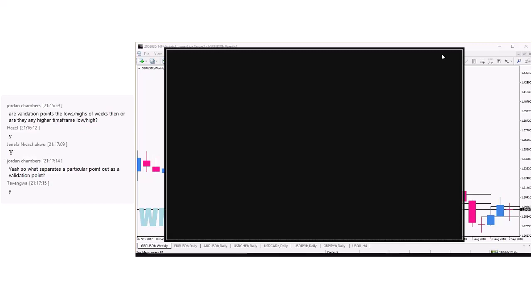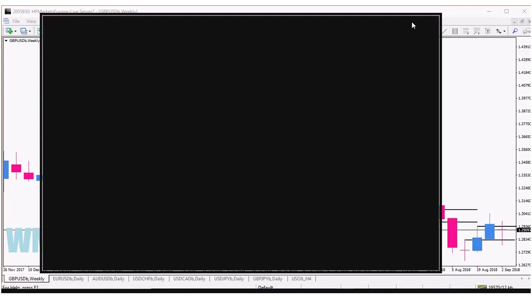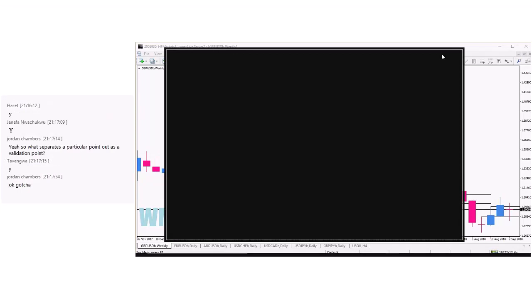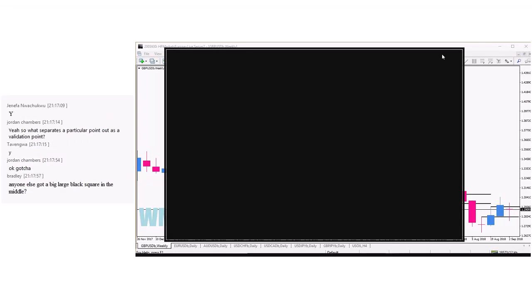Validation points are simply areas, mainly on the weekly and daily, where price closes above or below the previous session in a convincing manner. To make it simple for yourself as well, Jordan, you can just look at it and say, okay, previous high, previous low, but it has to be substantial.